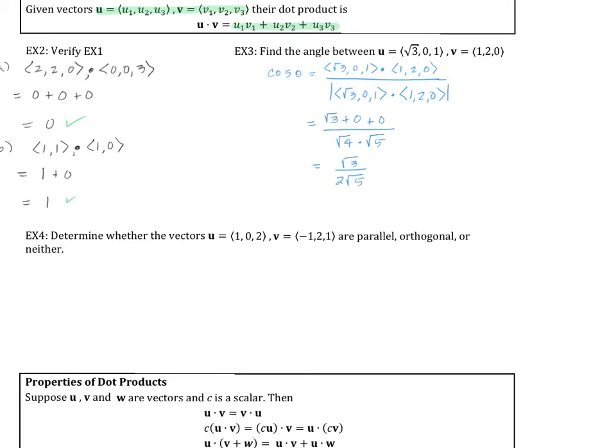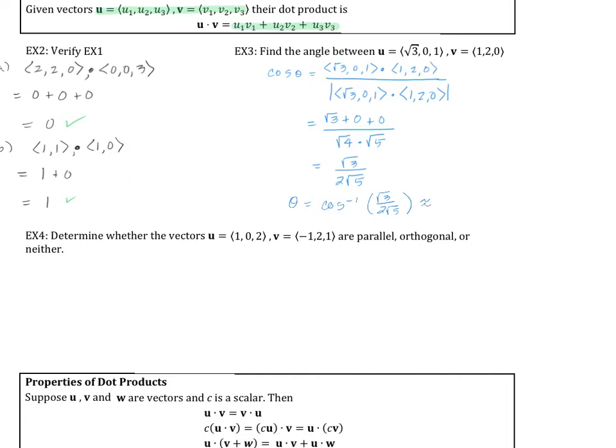And normally what we would do at this point is rationalize. But this is not going to be a cosine of theta that I recognize, say, on my unit circle. So I'm actually going to look at theta equal to cosine inverse. And I'm not going to bother to rationalize this because I'm just going to plug this into my calculator since this is not a known value from our unit circle.